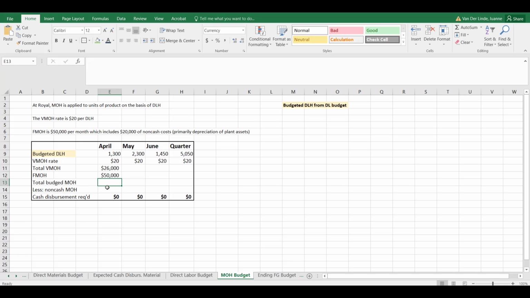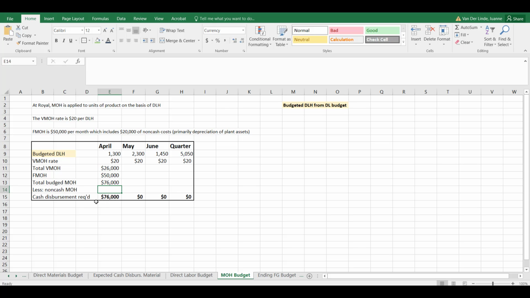So we can put $50,000 there for the fixed overhead. So if the total variable overhead we estimate is $26,000 and the fixed overhead is $50,000, we'll simply add those two together to determine what the total estimated overhead is for the entire month. So for the entire month, we estimate we are going to incur about $76,000 of manufacturing overhead.